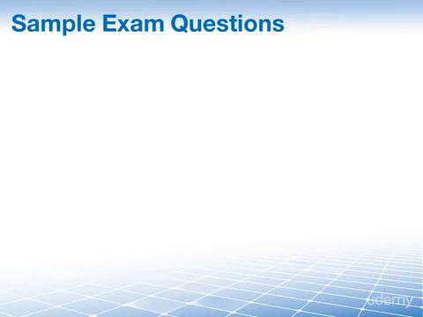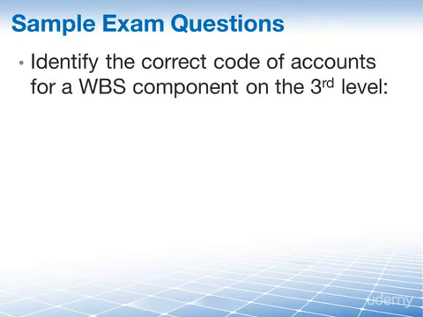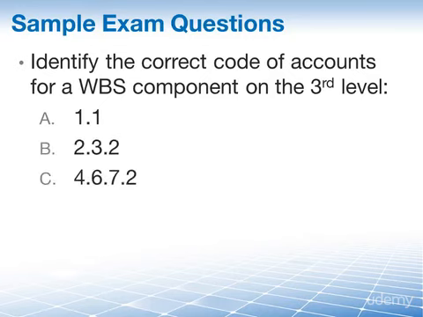So make sure that you understand the concepts behind the WBS, what it is, why we use it, and when we use it. And here is a sample PMP exam question for you. Please identify the correct code of accounts for a WBS component on the third level. Is it A, 1.1? Is it B, 2.3.2? Is it C, 4.6.7.2? Or is it D, 3? Which one of these is a WBS component on the third level?